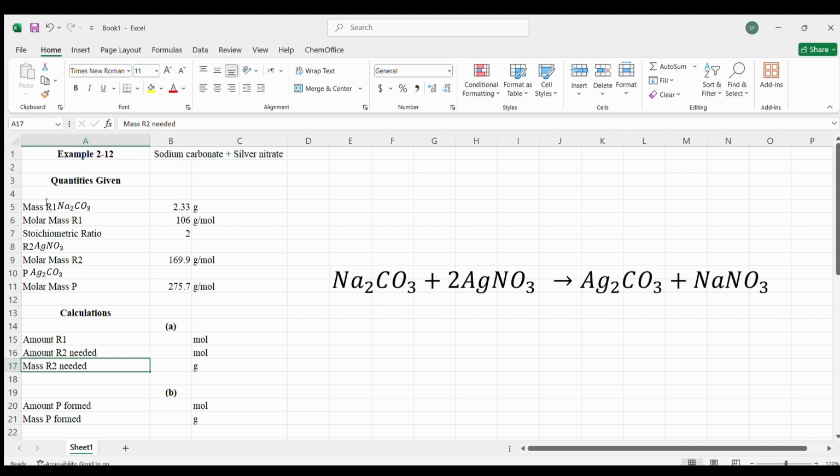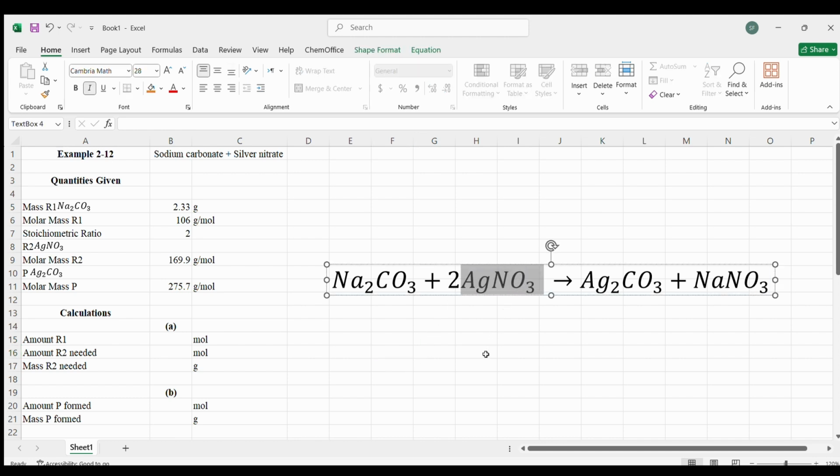And here you can see I have R1, I have R2, I have P. You may ask, what are these? To make it easier to work with, R1 stands for the first reactant, which is sodium carbonate. R2 stands for the second reactant, which is silver nitrate.